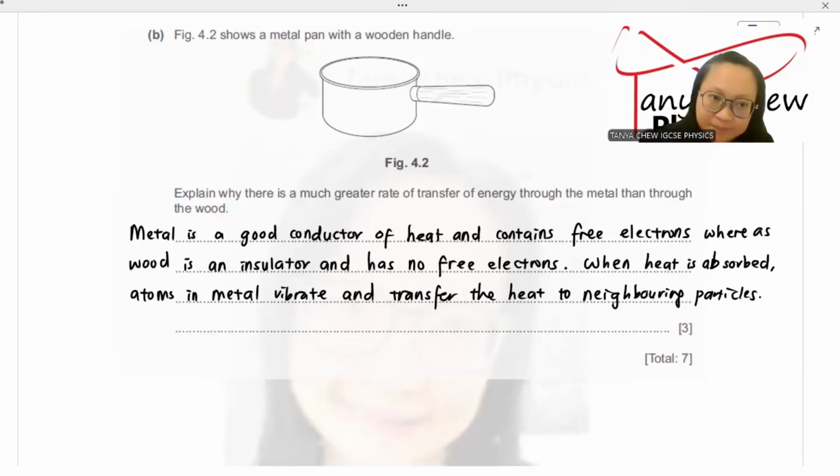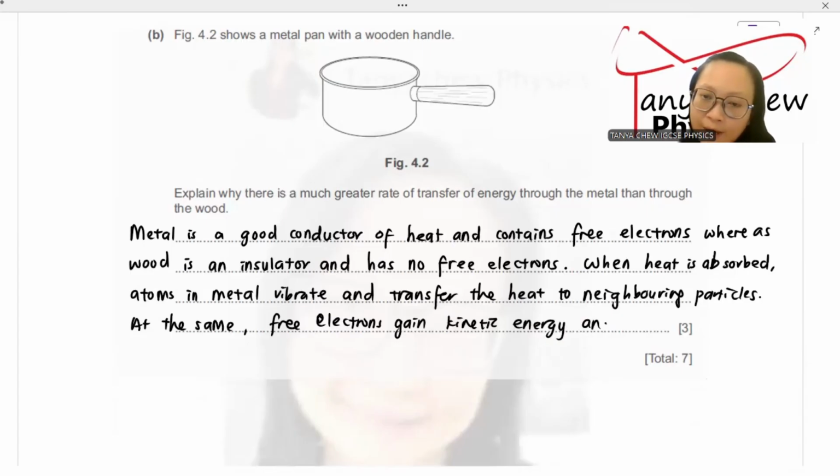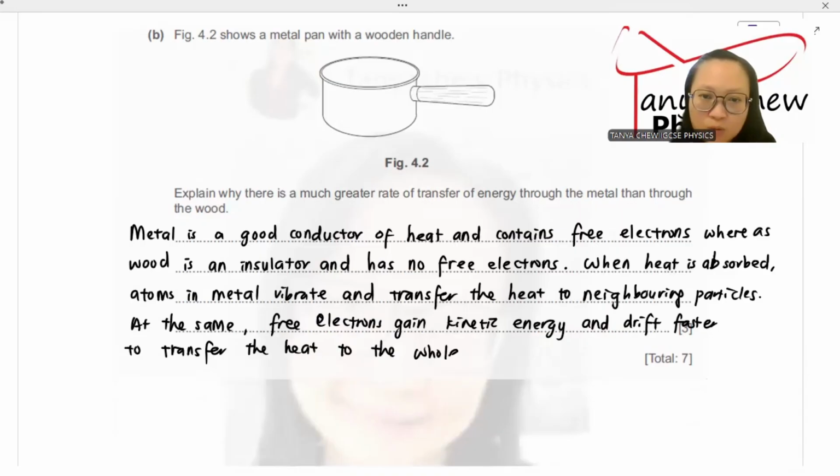And at the same time, due to the free electrons, free electrons gain kinetic energy and move faster to transfer the heat to the whole metal. That's it.